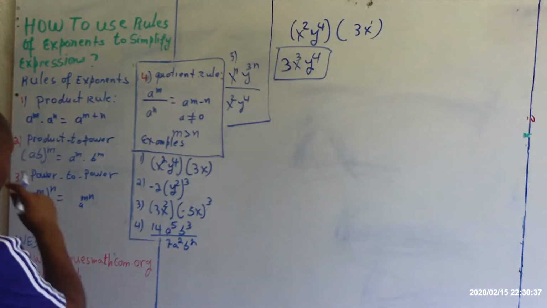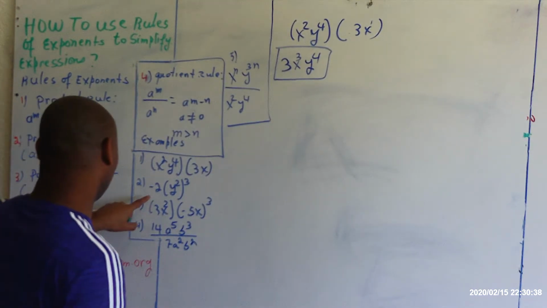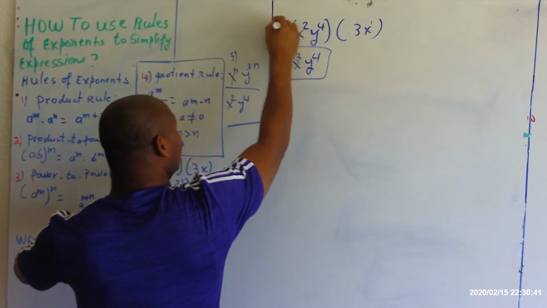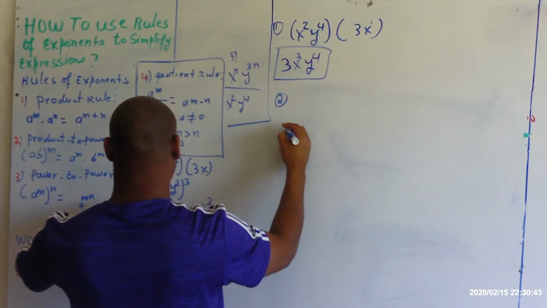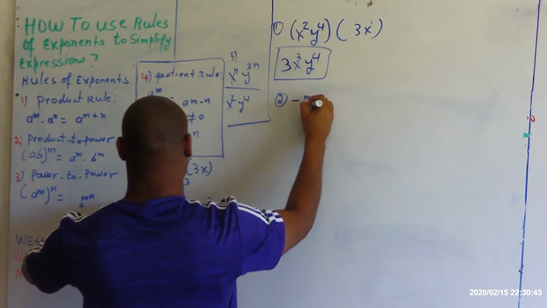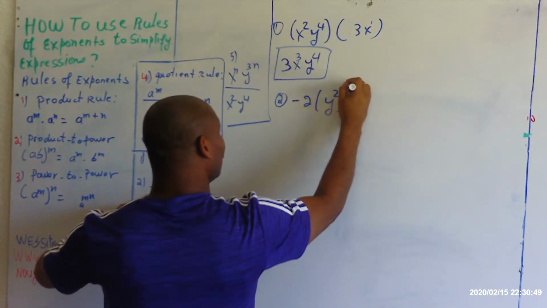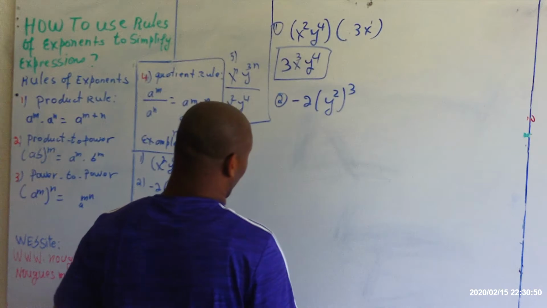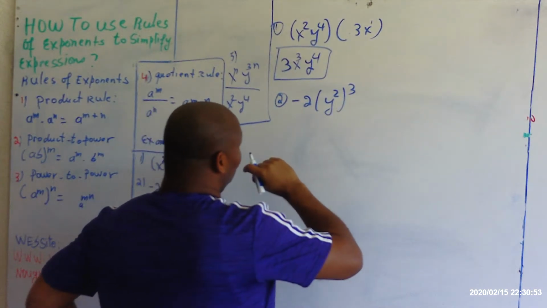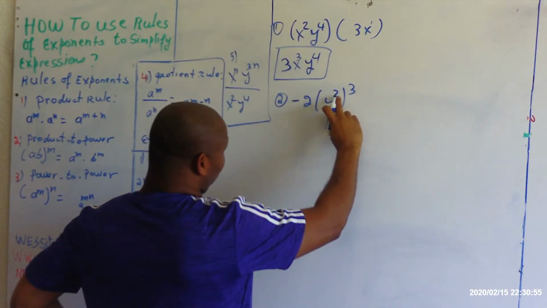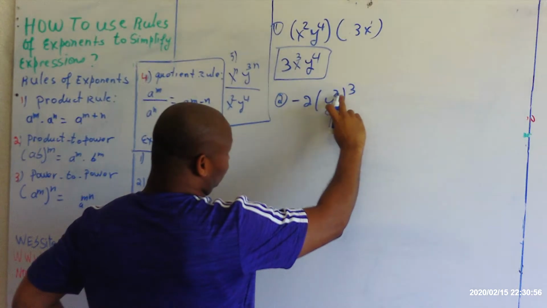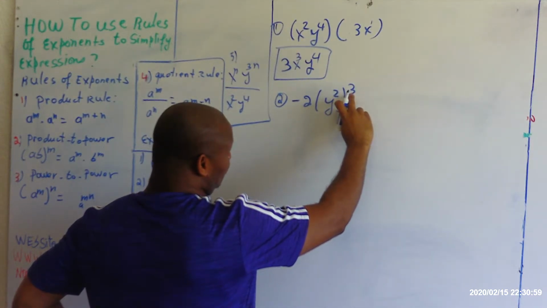Very easy. Let's do the second example for you. The second example, 2 y squared, all to the power 3. Now, you're not going to say 2 to the power 3 gives me 8.